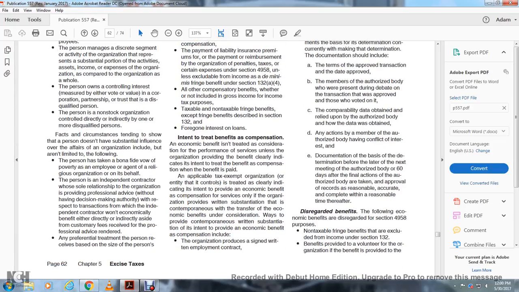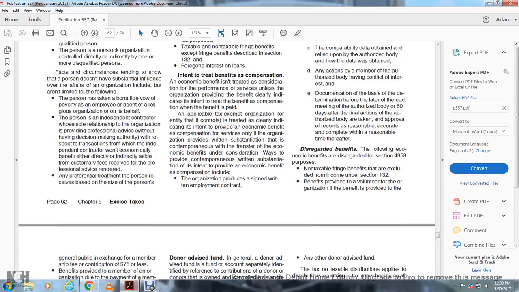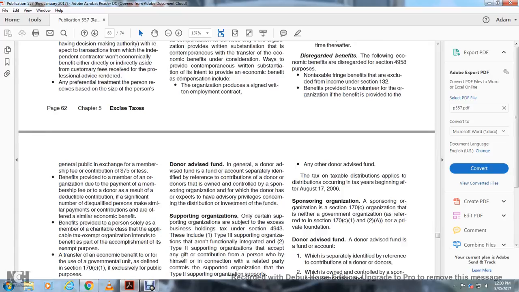Disregarded benefits. The following economic benefits are disregarded for Section 4958 purposes. Non-taxable fringe benefits excluded from income under Section 132. Benefits provided to a volunteer for the organization, and benefits provided to the general public in exchange for a membership fee or contribution of $75 or less.